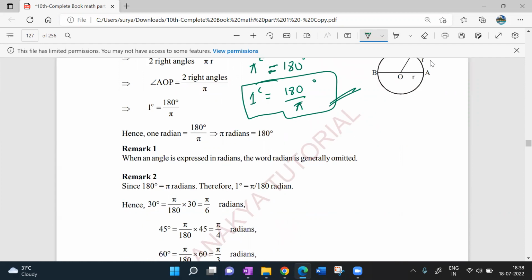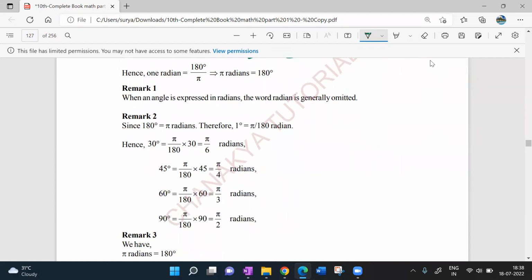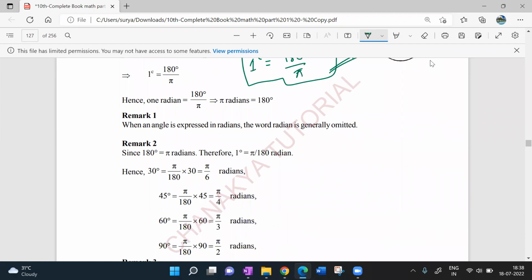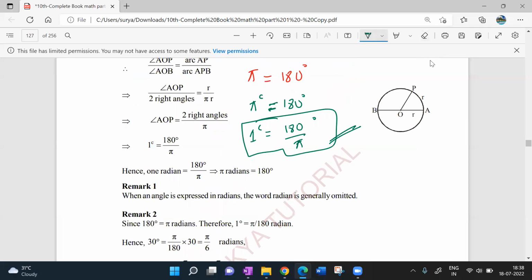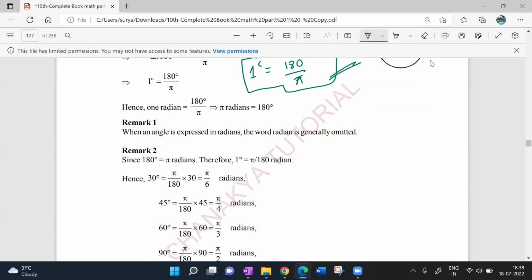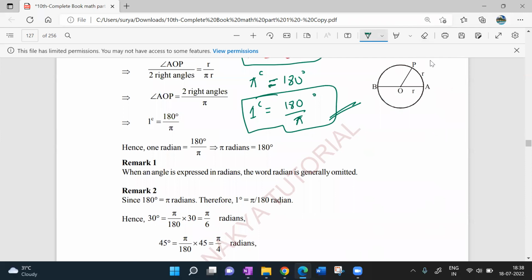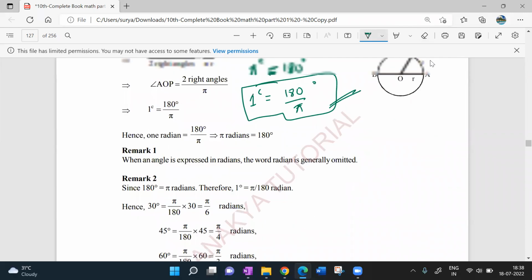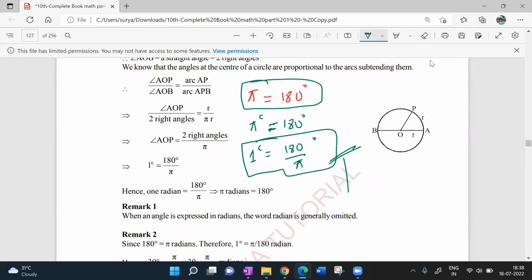Very simple. Look at it here: 1 radian is equal to 180 degrees by pi. Pi radians is equal to 180 degrees, so 1 radian is equal to 180 by pi. Now, from this, 1 degree is equal to what?